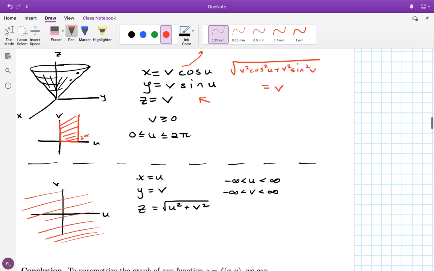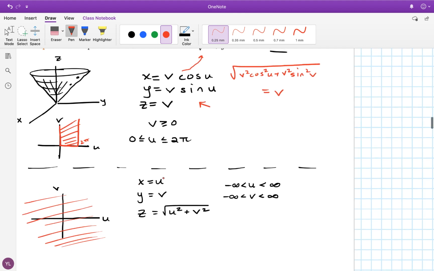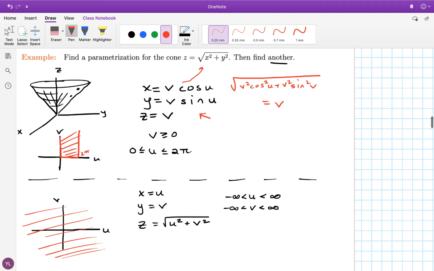And we get another conclusion from this parameterization, and it's the following. Because z is a function of x and y, this is always a really quick and cheap way that we can build a parameterized surface. If z is a function of x and y, go ahead and let x and y be the two parameters, and z's expression will be determined.